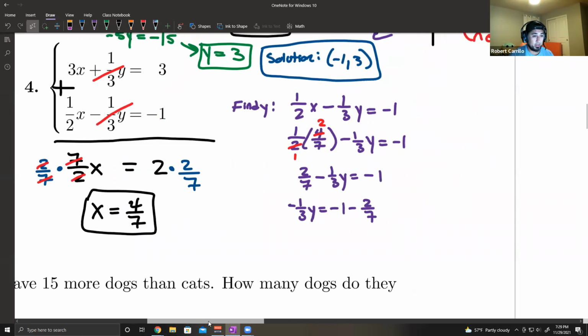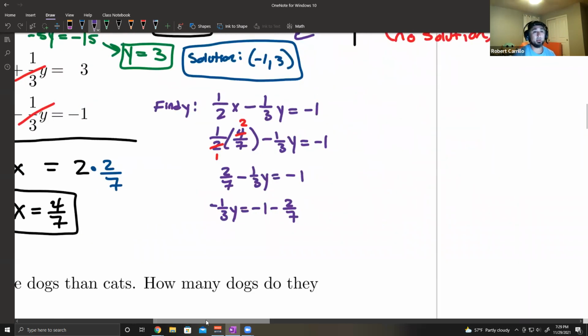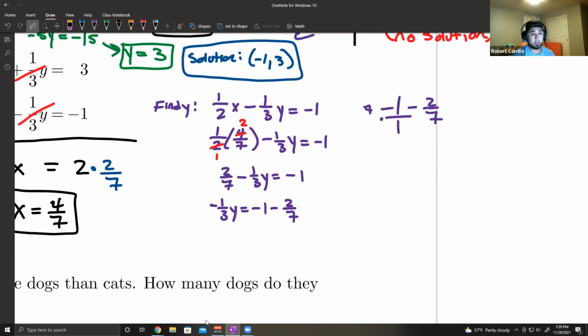Okay, so -1 minus 2/7. Let's do some fraction math real fast. Put this as 1/1 and multiply it by 7/7. This would give me -7 over 7 minus 2 sevenths, which would give me -9 sevenths.